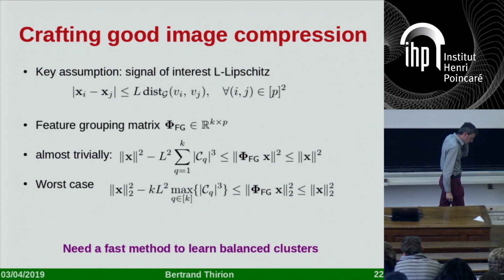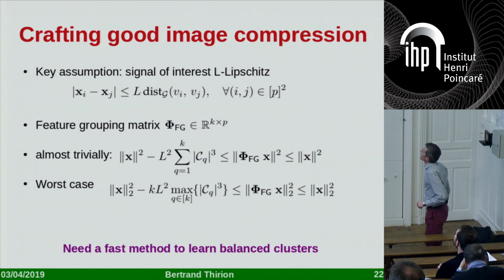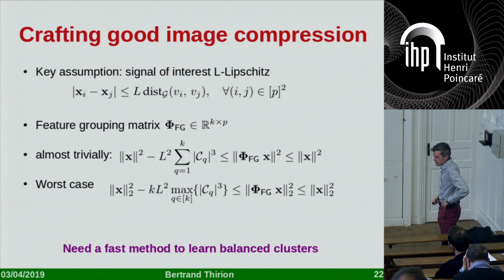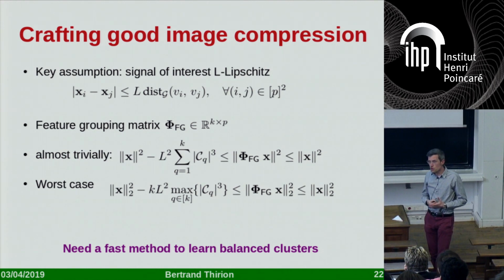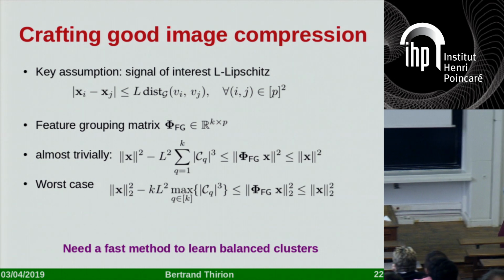Now, if you just quickly study the properties of this transformation, obviously, when you replace an image X by a piecewise constant model by doing local averages, you are applying a compressive transformation. So it's obvious to see that the transform of X will be slightly smaller than X in terms of L2 norm. But the good news is that the difference is not huge if the signal is very smooth. So here we introduce a Lipschitz hypothesis for the images.